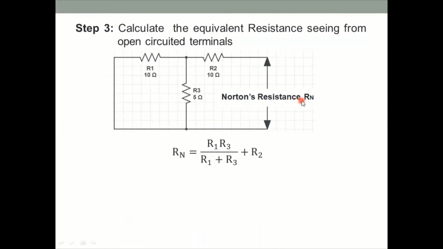So the formula for this is, if you observe, this R1 and R3 are in parallel, which is going to be in series with R2. So therefore, I am going to write the equation as Rn equals R1 into R3 by R1 plus R3, total plus R2. If I substitute the values of R1, R2 and R3 in this, I am going to get the equivalent resistance value as 13.33 ohm.